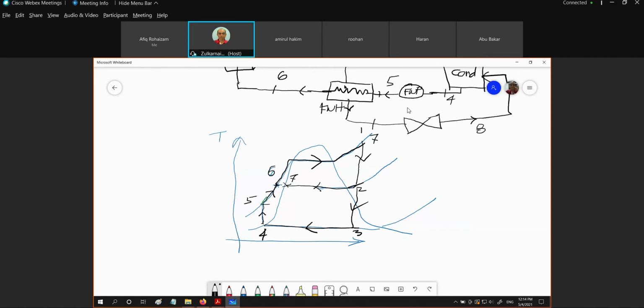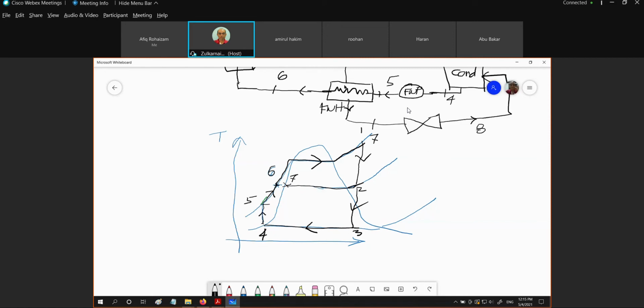And then from 7 to 8 is a throttling process, whereby we know from our thermodynamics that for a throttling process, H7 should be equal to H8. Let me put in better handwriting.